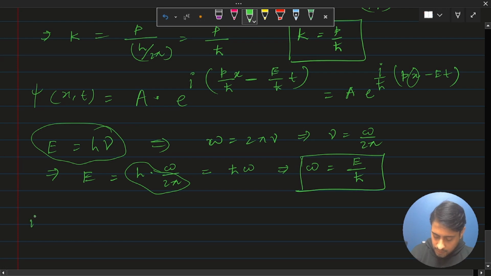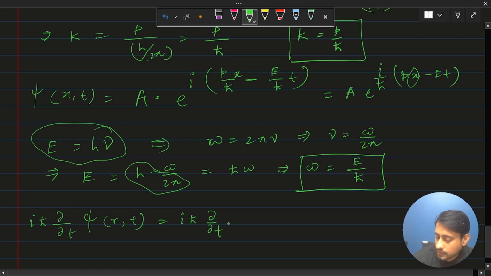First we will calculate i h bar del over del t of psi of r comma t. So this will be i h bar del over del t of the whole expression, which is psi naught e to the power i over h bar, p dot r minus E t.